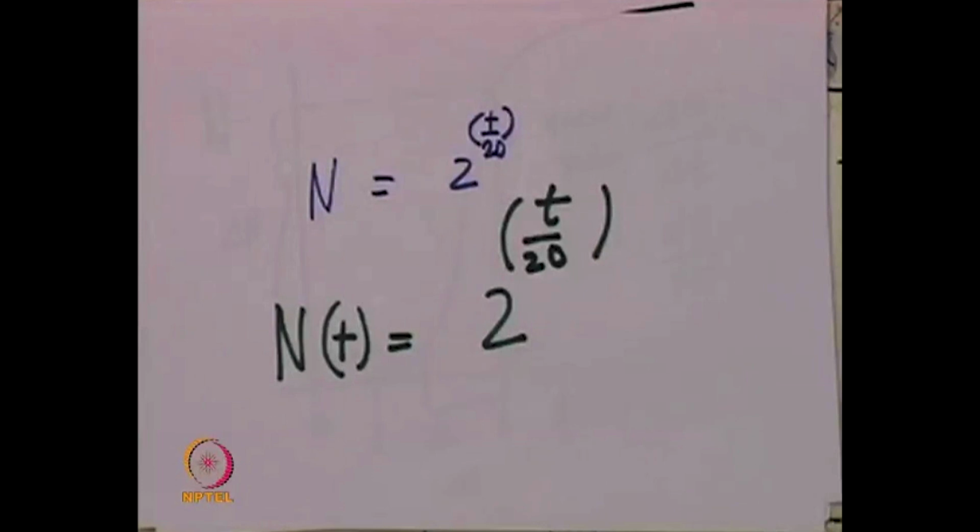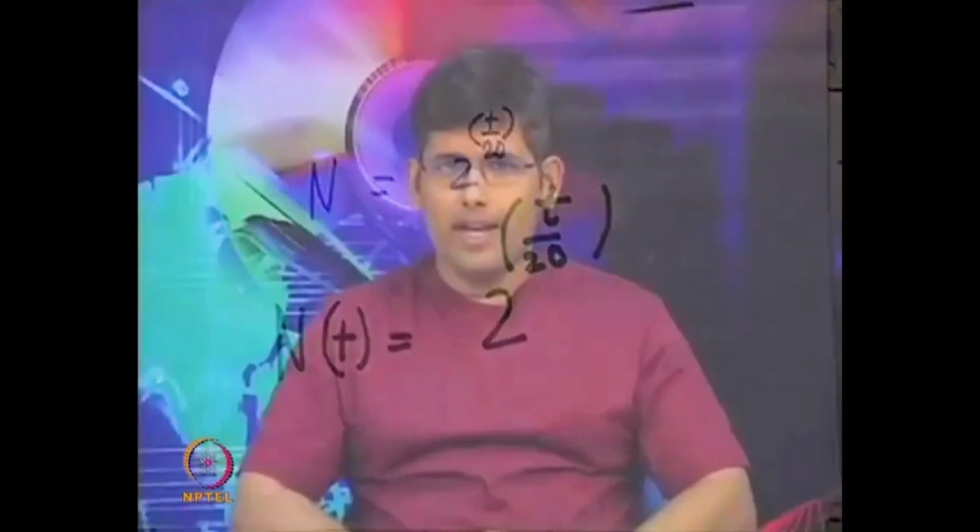So this is the kind of function which we discussed last time, the number function for the bacterial growth. Knowing t, you can calculate this function. For example, let us take t equal to 200 minutes.